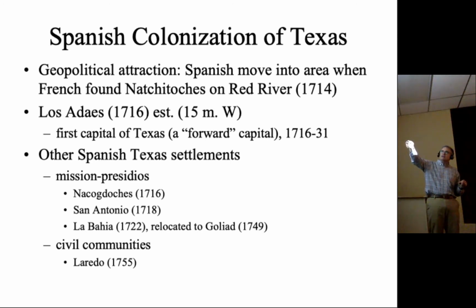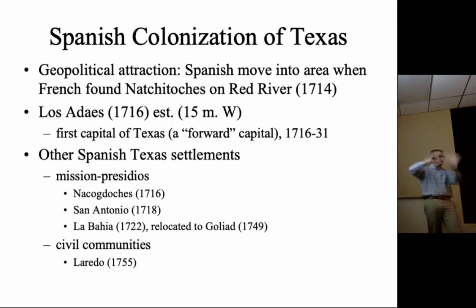Now this established Los Adais is the very first capital of Texas. Okay, now this province of New Spain that became known as Tejas was considered just a northern frontier backwater. But the idea was that if they established themselves along the French colonization line, then the French wouldn't continue south.